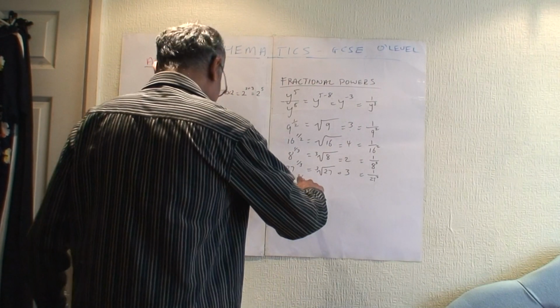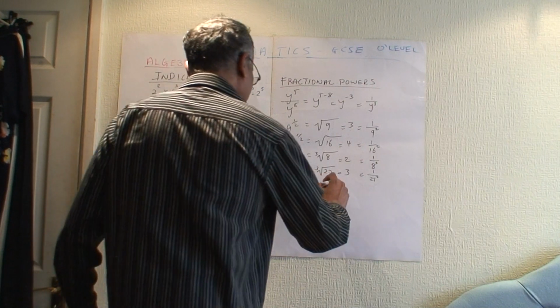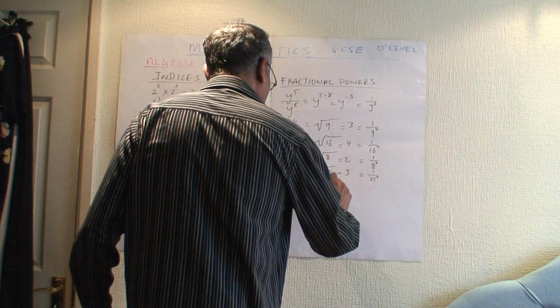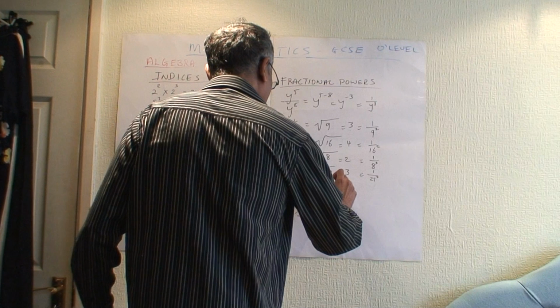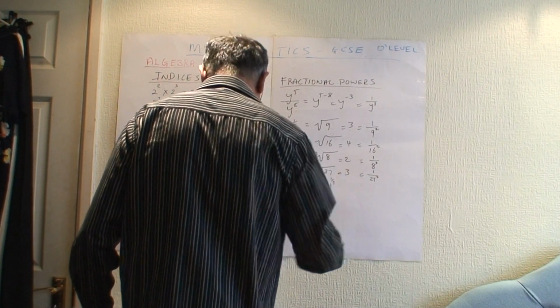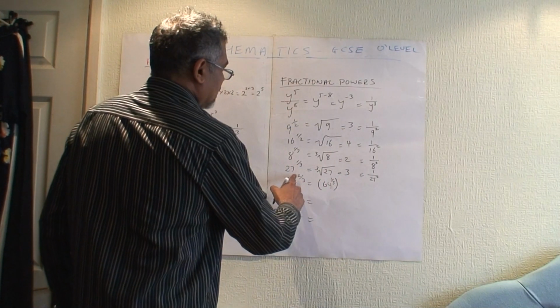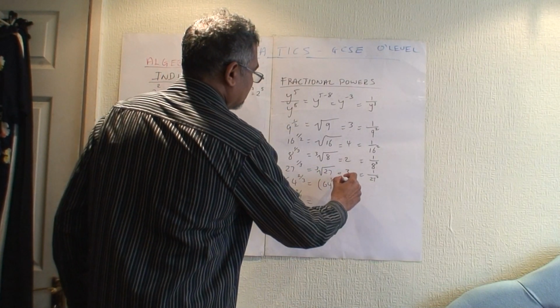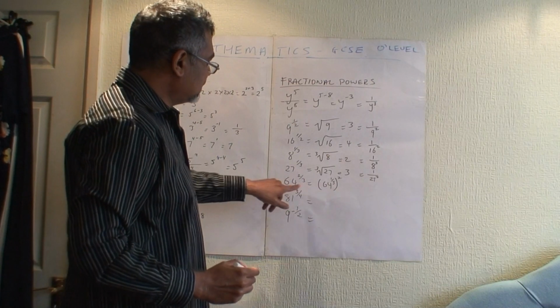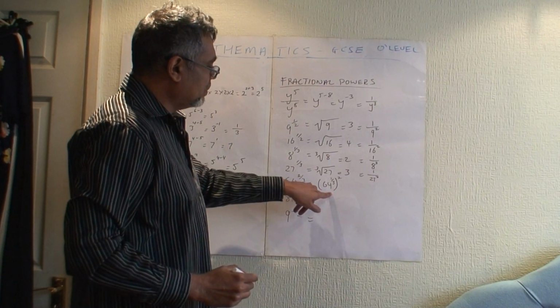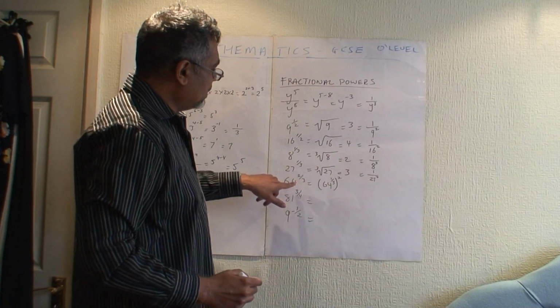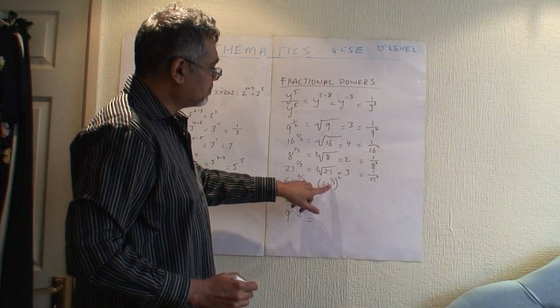Alright, so we change the 2 so that it becomes a 1. So we have 64 to the power of a third. Okay, and then we bring the 2 here as squared. This expression is similar to this one. Okay? Right? So we bring it to a third.